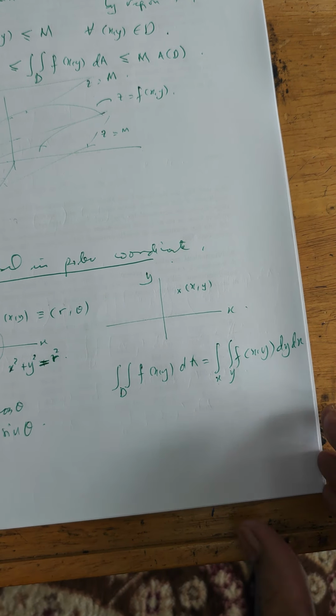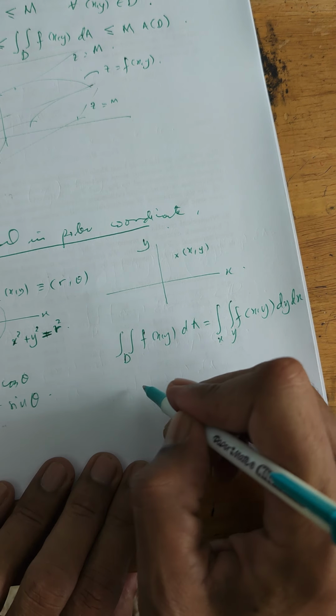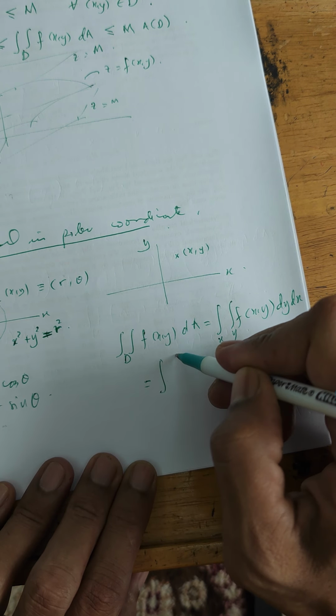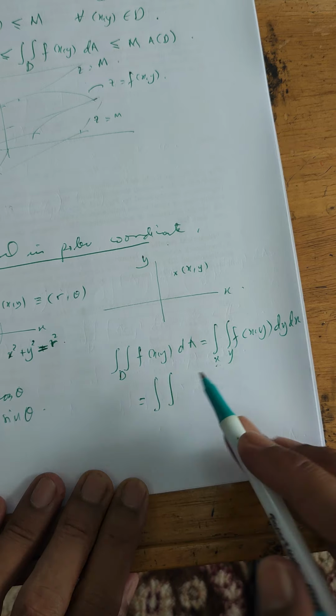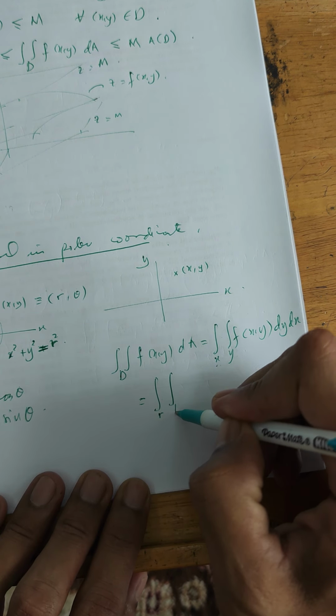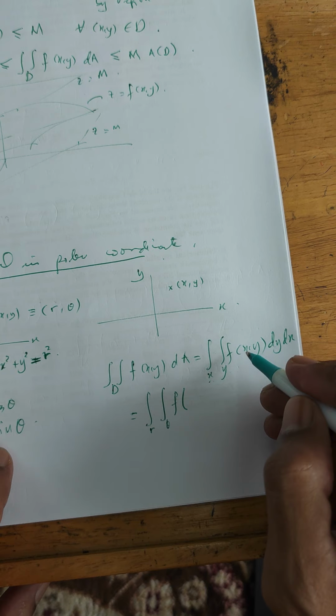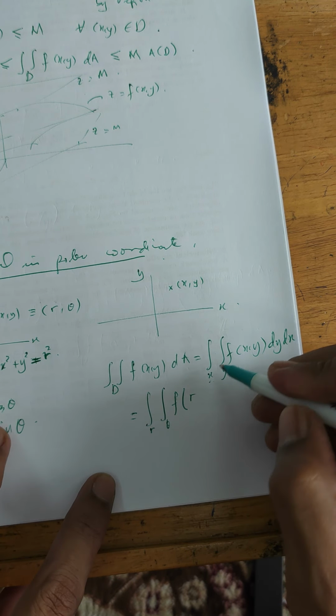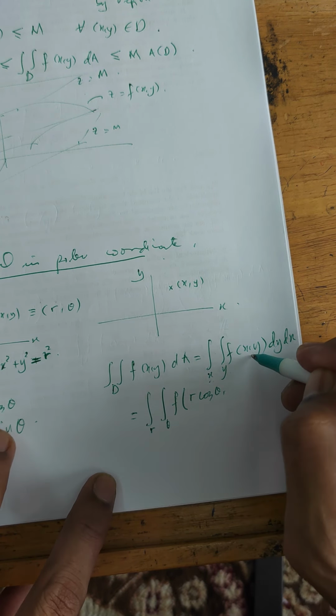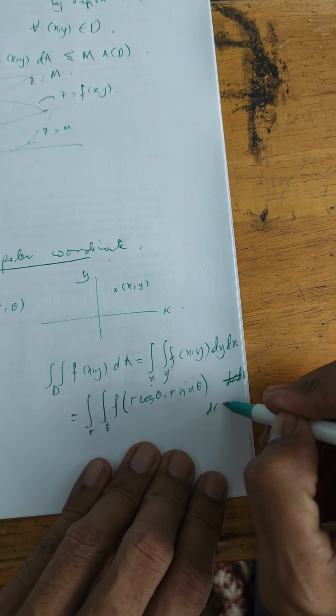Now when we do the transformation, instead of x and y, we transform into r and theta. The function, instead of f(x,y), becomes f with x as r cos theta and y as r sin theta, and of course here we have dr d theta.